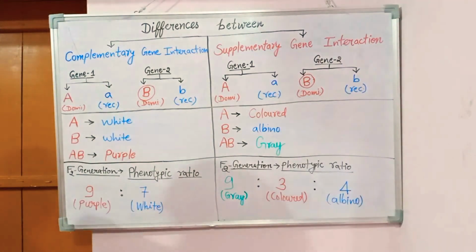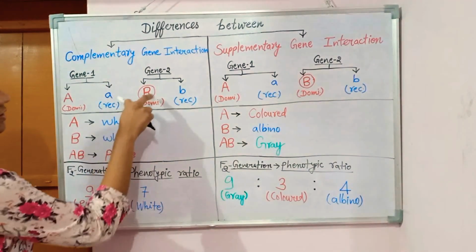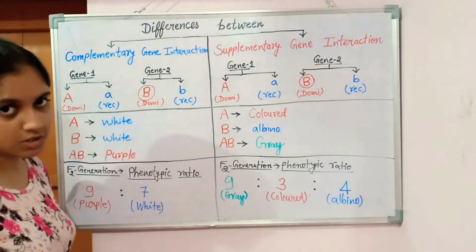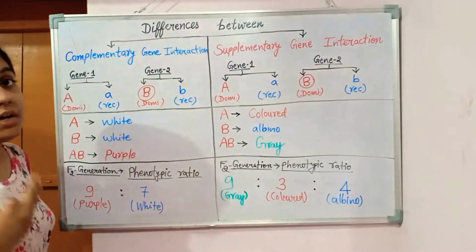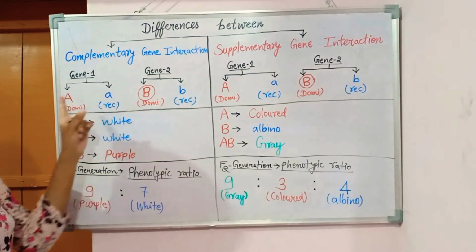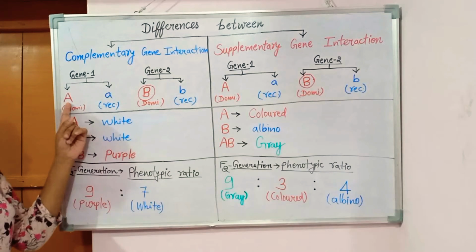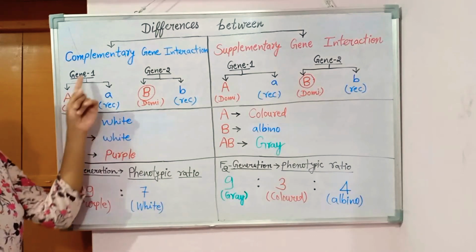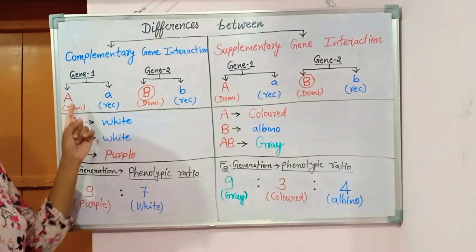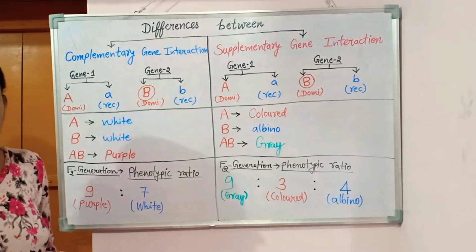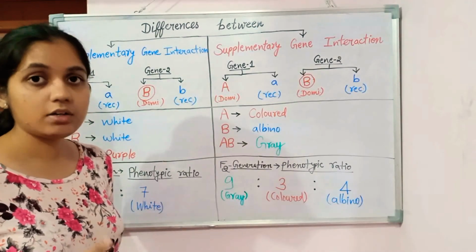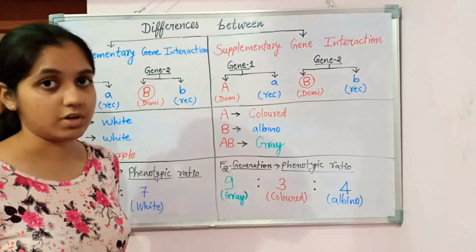So first of all, here this capital B is known as the complementary allele. Why? Because you can see this capital A, the dominant allele of gene 1, can't express independently. It doesn't have its own phenotype.